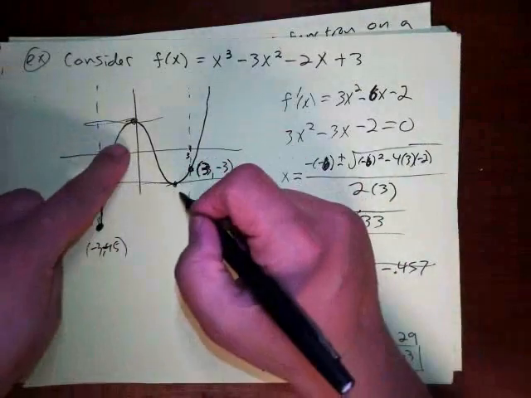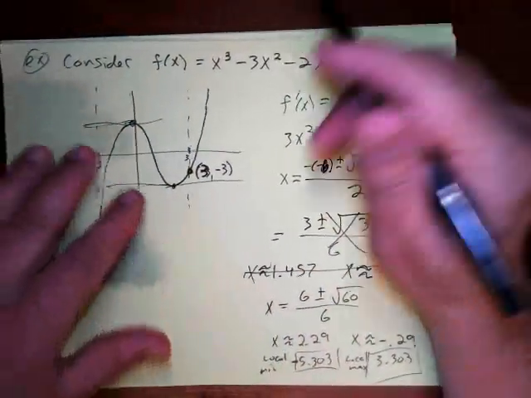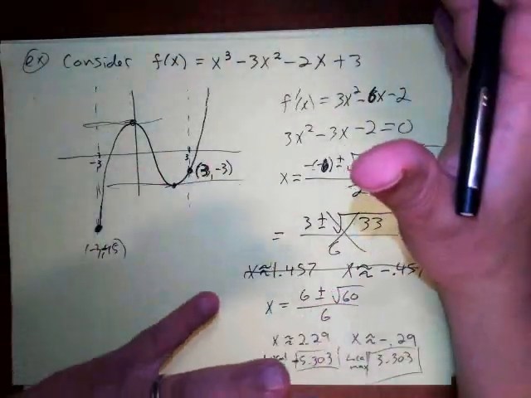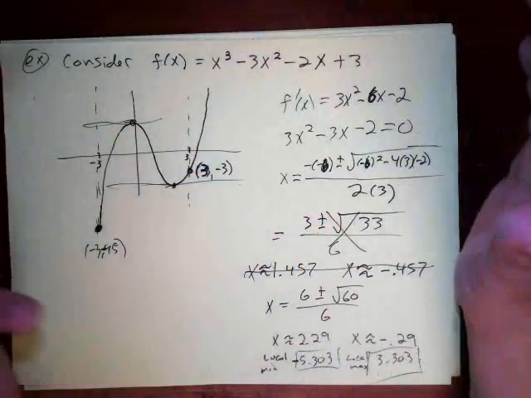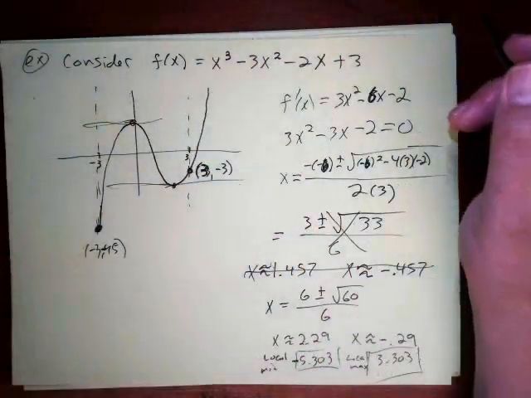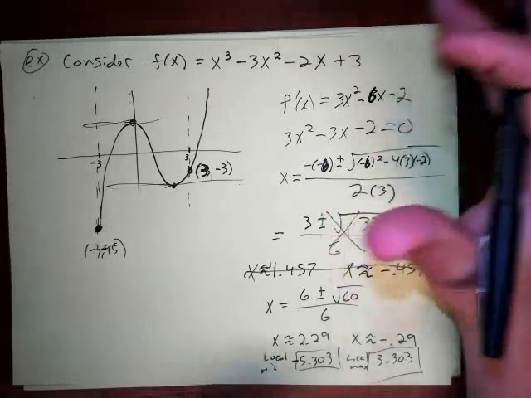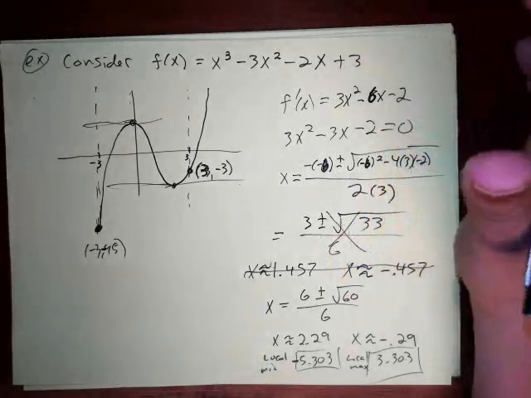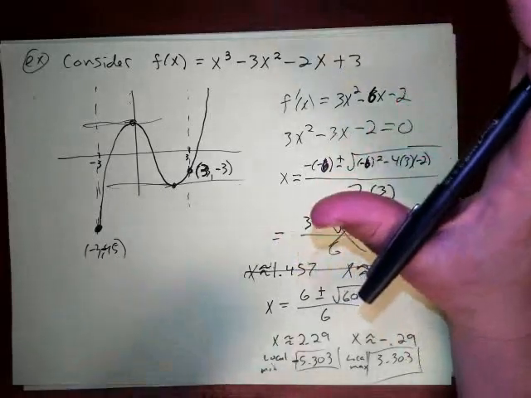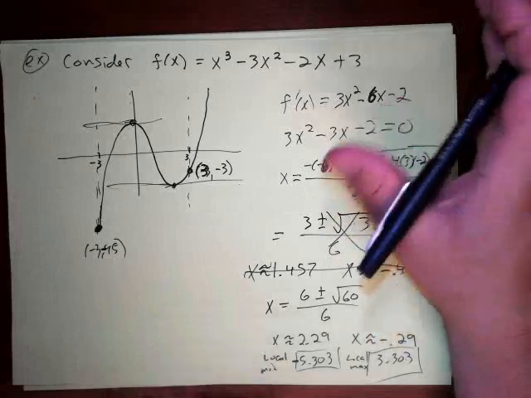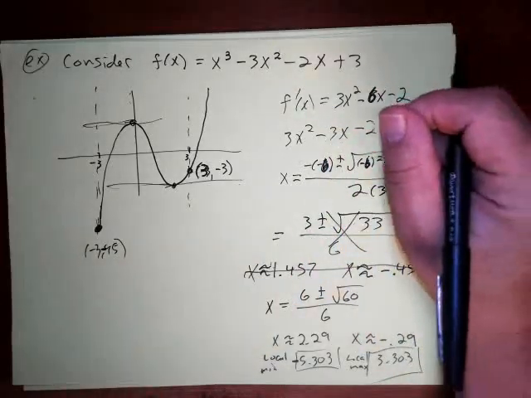Okay, so here's the overview then. The relative min and maxes are these points where the graph turns around, and they will occur at a critical point, and the critical points are either where the derivative is 0 or the derivative is undefined. And if you have a critical point, it may or may not be a relative min or max, but the relative min or max will occur at a critical point. So you find the critical points, and then you got to check to see if they're a relative min or max.